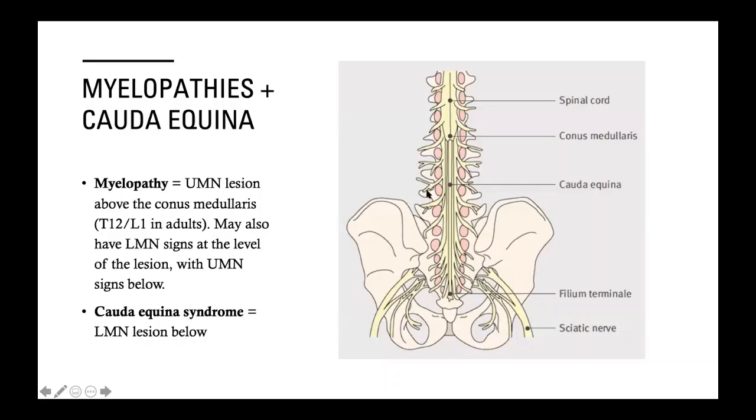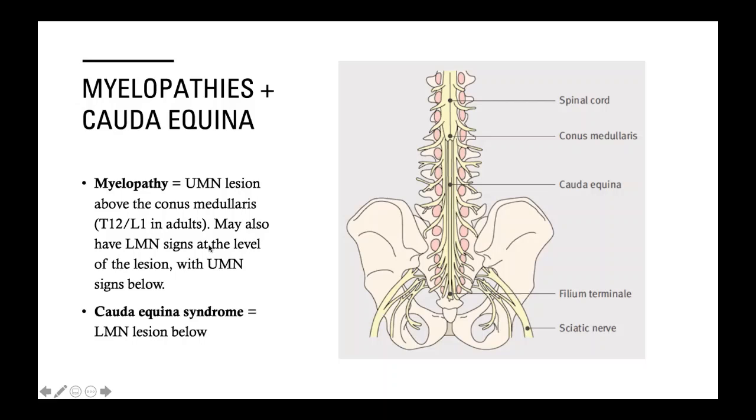So this is one of the big areas where people get a bit confused when it comes to upper and lower motor neuron lesions. With myelopathy, so that's affecting any area above the conus medullaris, the spinal cord proper, you get an upper motor neuron lesion above the conus medullaris, which stops at T12/L1 in adults.